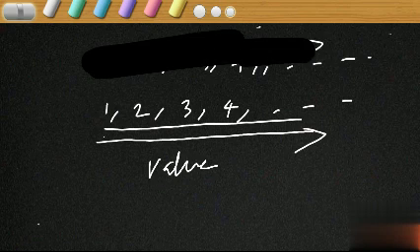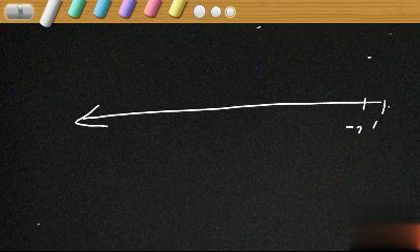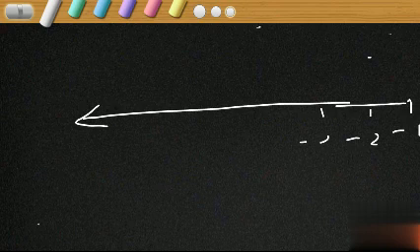So what about negative numbers? Which are the negative numbers? Negative integers. Draw the negative number line. Just listen here. Here minus 1, here minus 2. Let's assume the negative number line: minus 1, minus 2, minus 3, minus 4, minus 5, minus 6.